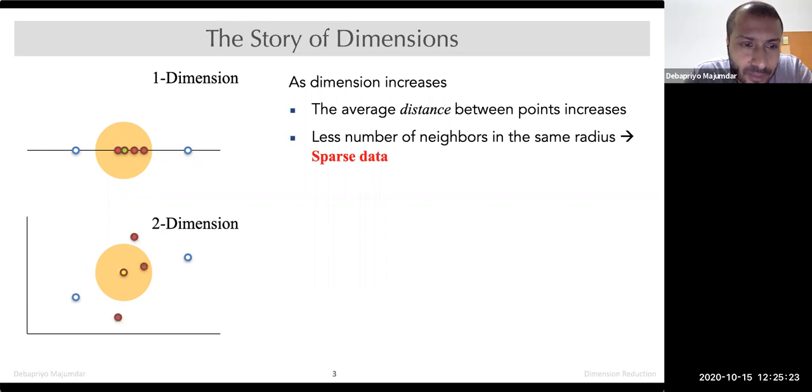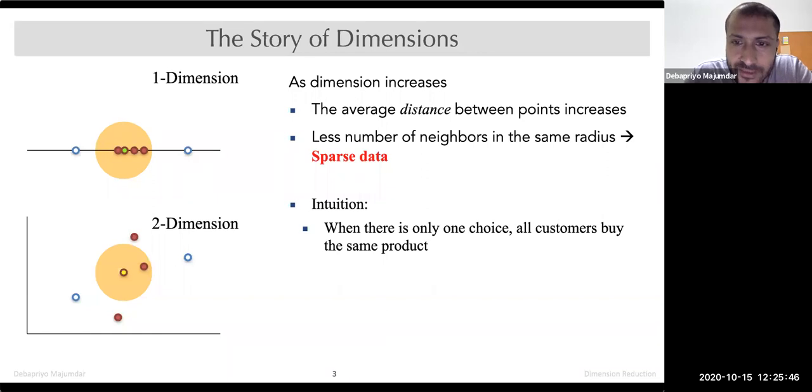Then what may happen is that some of the red points which were close to it are actually not close to the green points in the higher dimension. Well, this is just a 1D, 2D example. In actual real high dimensional cases, this sparsity of data will become much more prevalent.